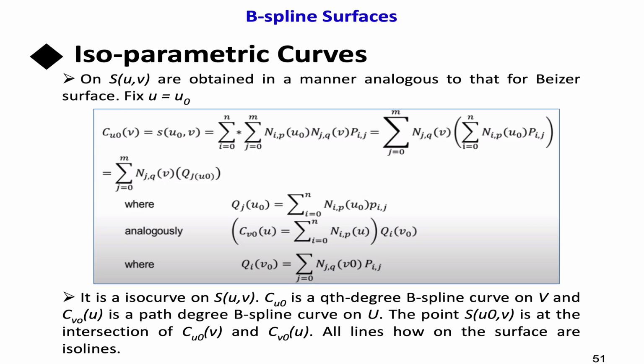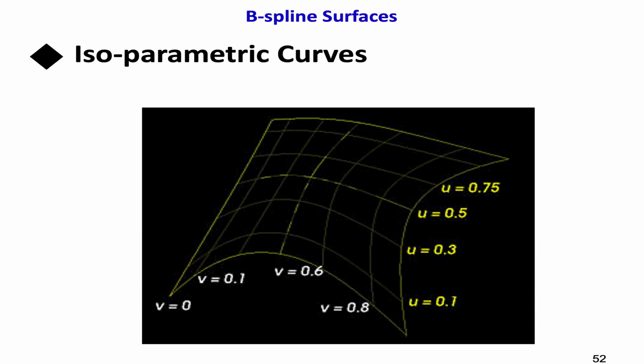The point S(u0, v0) is at the intersection of C_u0(v) and C_v0(u). All the curves shown on the surface are isolines. For example, here we can see an isoparametric curve picture.